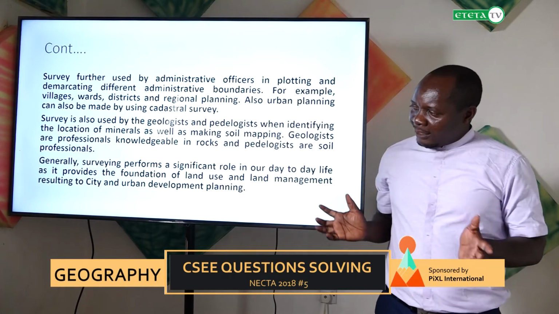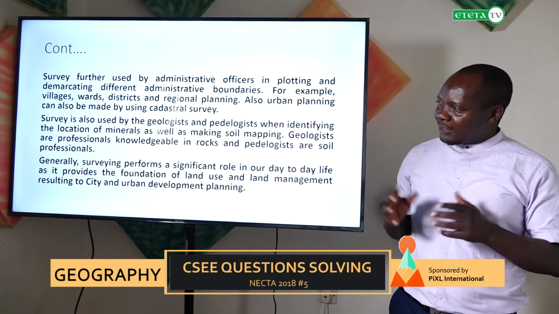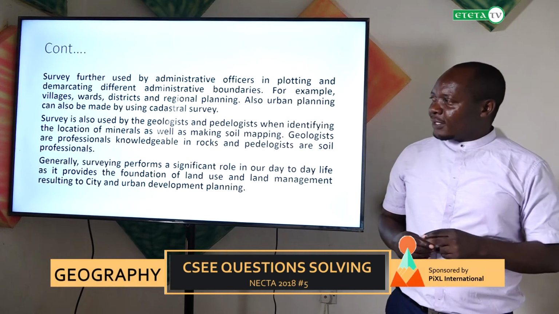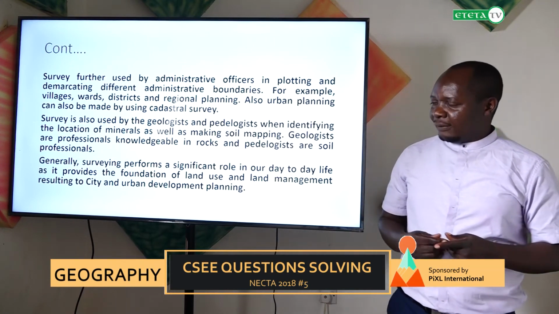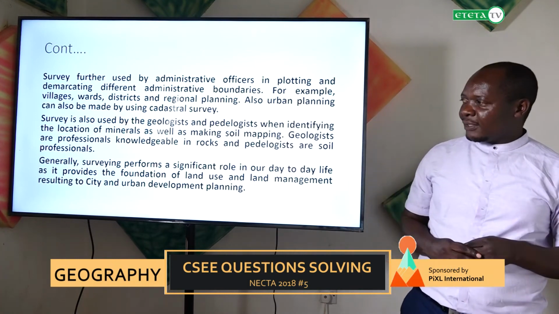Now, after describing more correctly these points on the uses of survey in our daily life, you as a student can also give concluding remarks.